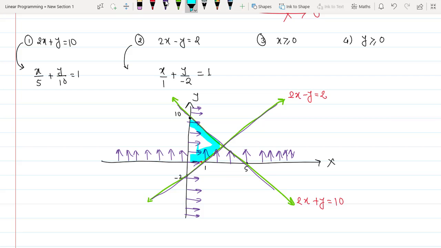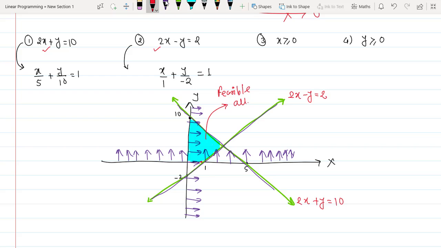So this part is nothing but the common region of these 4 inequations. I hope you are getting this. See here, if you exceed this boundary, at least one of the equations will not be satisfied. That's why we say this is the feasible region for all the given inequations.